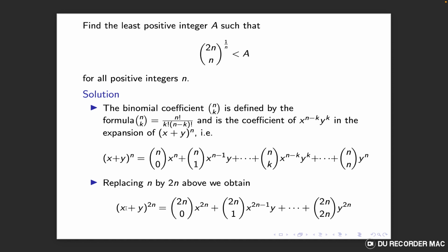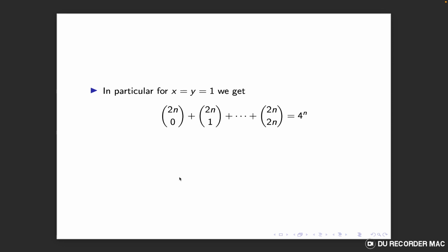We will get 2 here, so 2 to the power 2n will be 4 to the power n. On the other hand, all these x y terms will be equal to 1. So we will just get the entire sum of the binomial coefficients equals 4 to the power n.